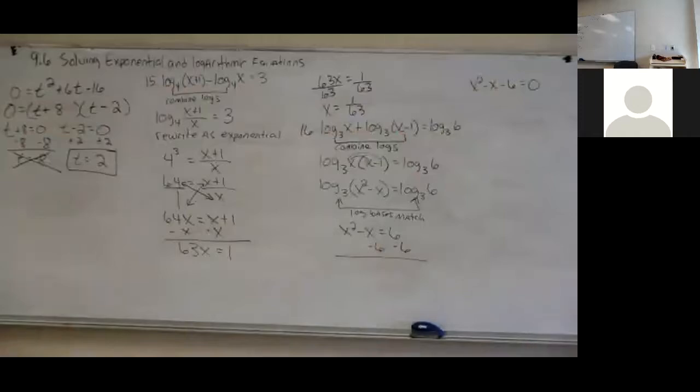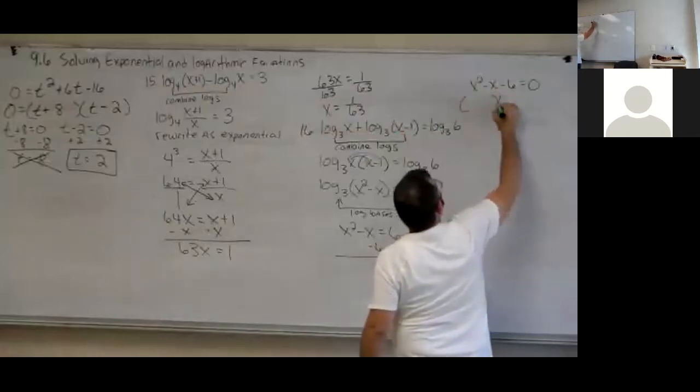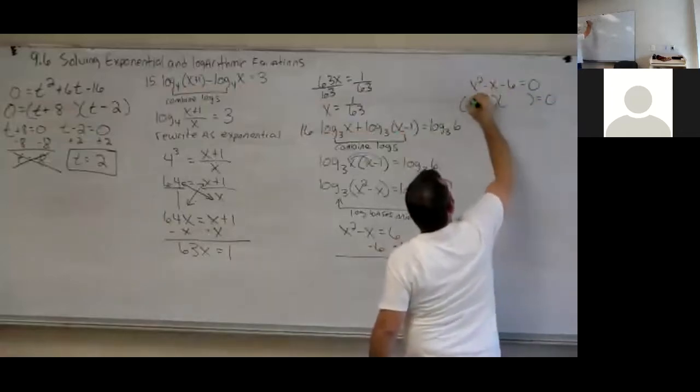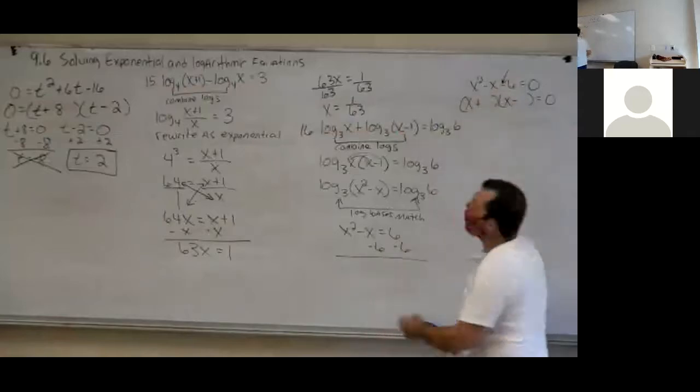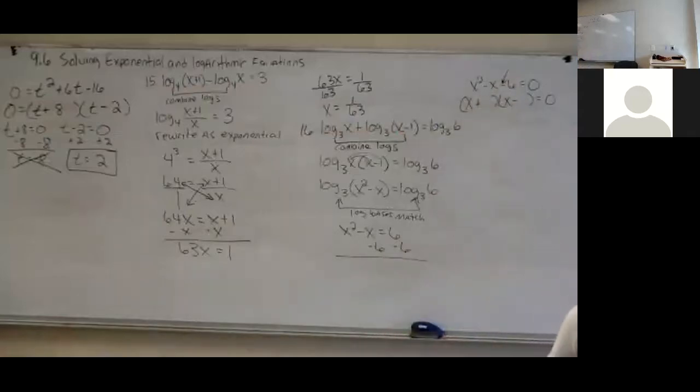So look, this is like the 4th or 5th one where you've had to factor these or hit them with that quad, okay? So x squared is an x and an x. That's negative, so we've got a positive and a negative. So what factors of 6 might equal a 1?